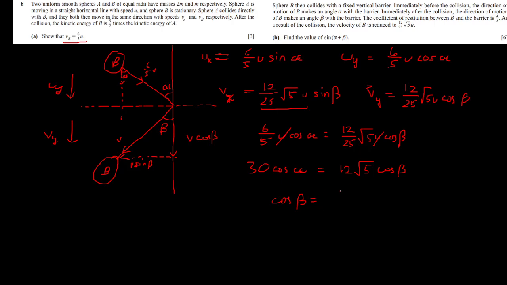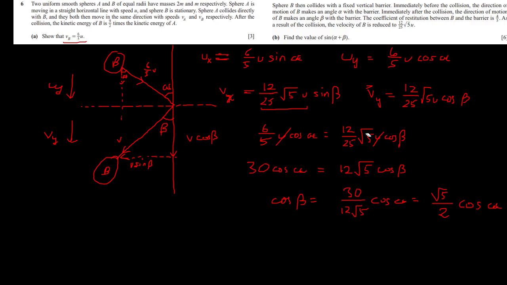Cos beta equals 30 over 12 root 5 cos alpha, and we multiply root 5 on both sides. This is going to be a very interesting value. So 30 over 12 root 5 gives us root 5 over 2 cos alpha. So this is the very first equation that we have. Cos beta equals root 5 over 2 cos alpha.